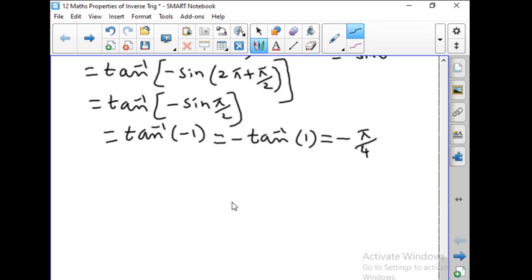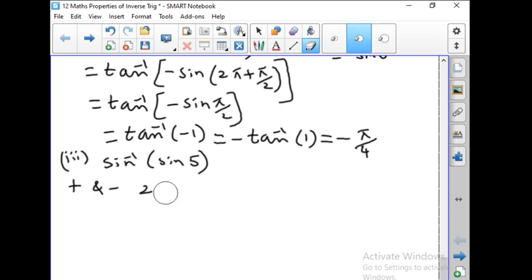Now coming to the third subdivision, sine inverse of sine 5. Now this can be written as, we add and subtract 2 pi to 5.